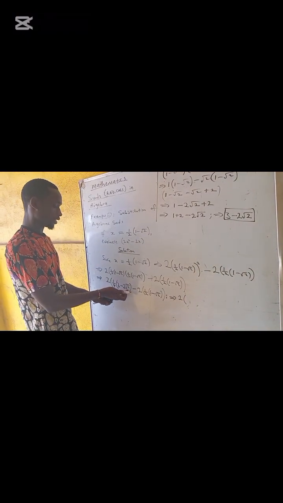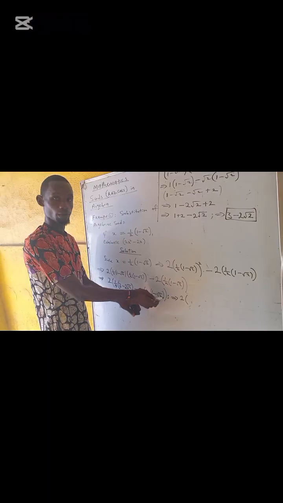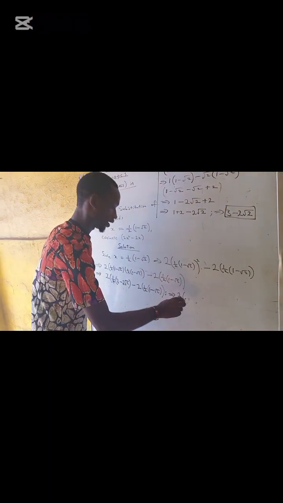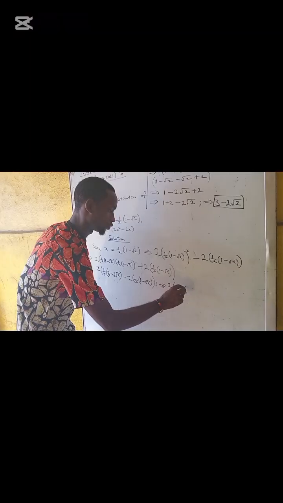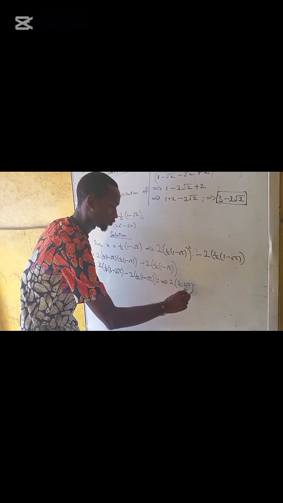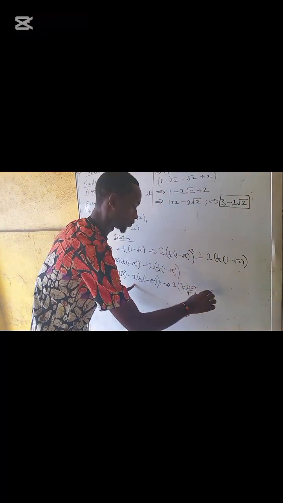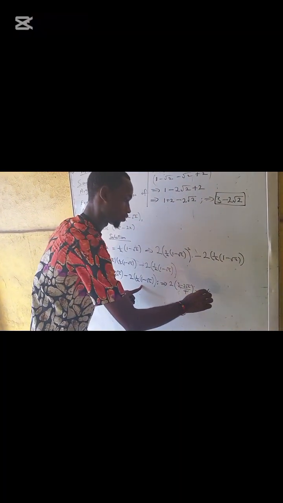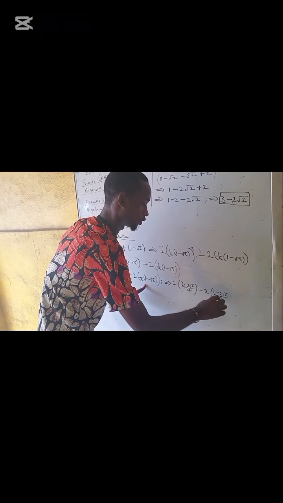The same thing will be applicable here. So we are having 3 minus 2 root 2 all over 4, minus 2, which is this 2 brackets 1 minus 2 root 2 all over 2.